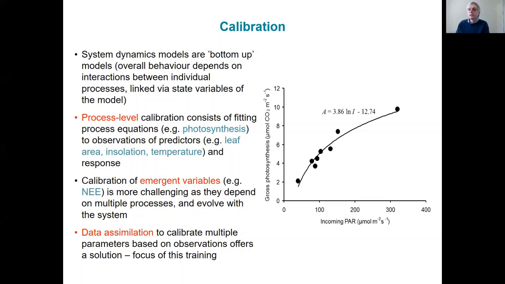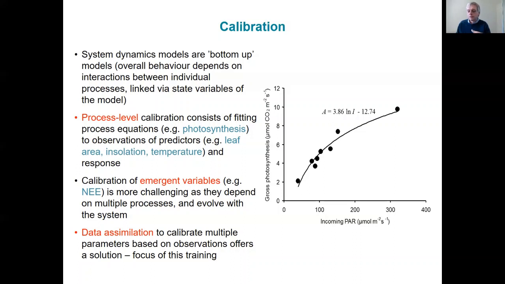Calibration gets much more challenging when we're talking about emergent properties of the ecosystem. And an example like that for the case of the land carbon cycle is the net ecosystem exchange. As you know, that's the balance between uptake of carbon, GPP or photosynthesis, and the release of carbon, which is the result of a bunch of different processes down the ecological cascade of processes like phenology, litter production, decomposition.